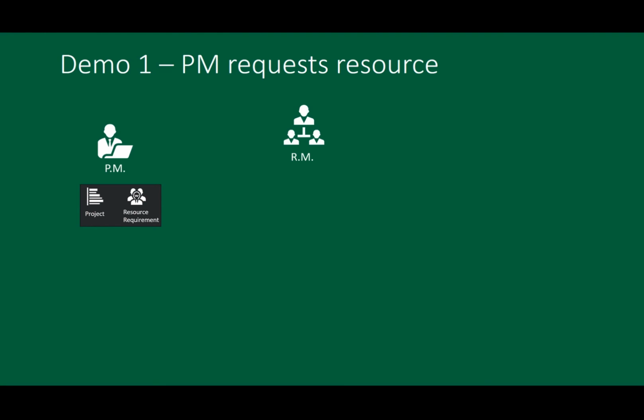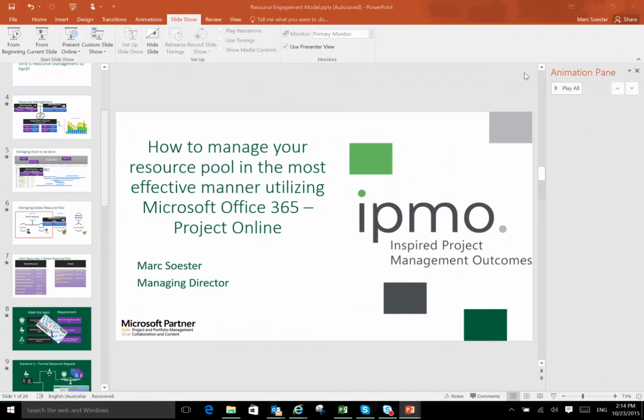I want to be able to tell the resource manager what kind of request that is, and I will do that through the functionality of the resource plan. And the resource plan, even though the resource plan was in 2013 and 2010 already in Project Online and in Project Server 2016, that resource plan feature set has actually changed slightly. Okay, let's have a look.